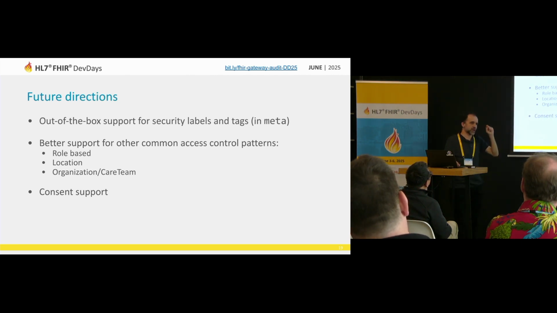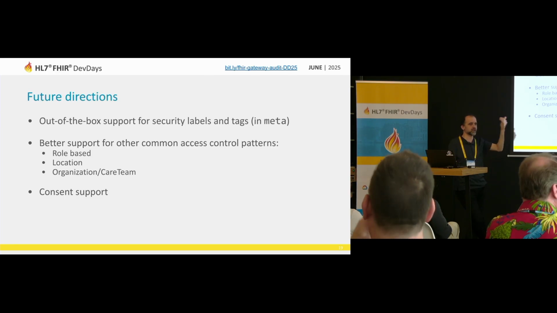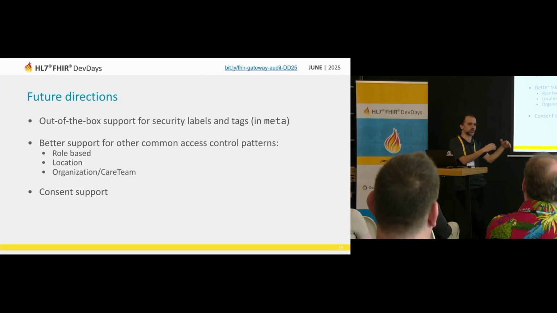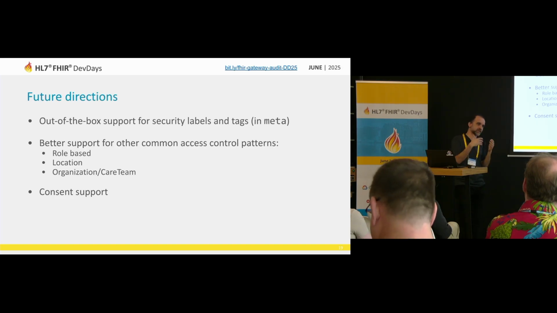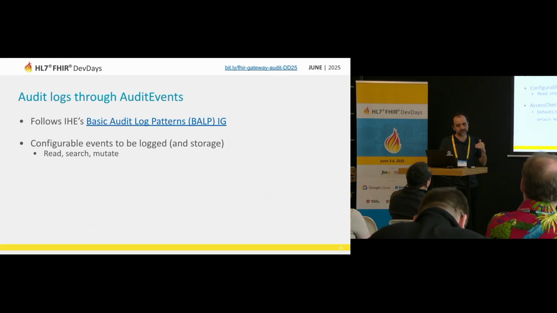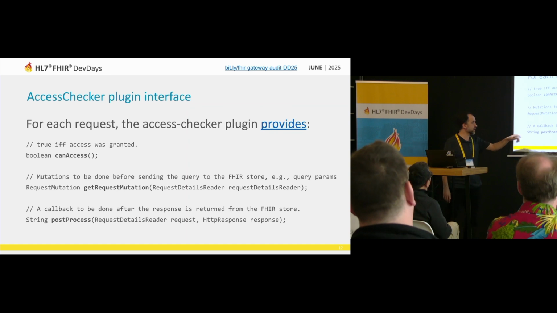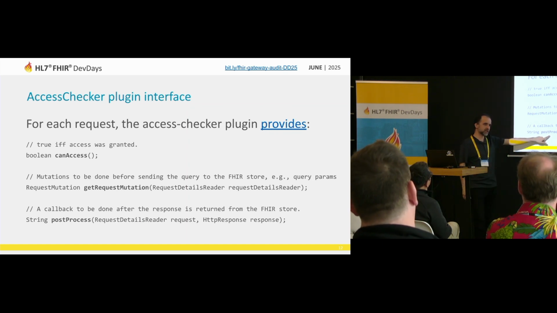One way of implementing that is to attach security labels. Let's say the HIV status of a patient might be higher security, and you don't want to show it to this role, right? We want to have some sort of support for that use case, which is what you mentioned. But currently, if the access checkers want to implement that, they still can, because there is a post process. When the response comes back, they can do whatever they want at the gateway level and then send it back.